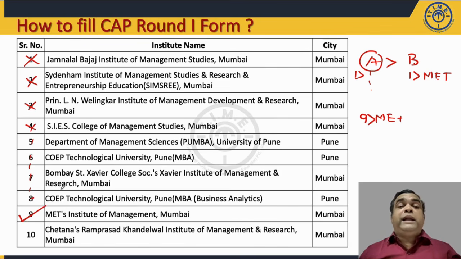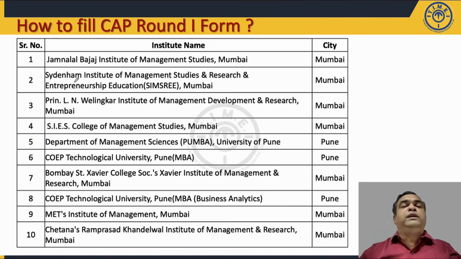But it might happen that he gets, let's say, SIES, because many people have not applied for SIES. So he might be allotted SIES also. You're getting my point? That is the reason, even though you might get college number 9 or 8, you'll still fill the form in the order I mentioned: JBIMS, Sydenham, Wellingkar, and so on.